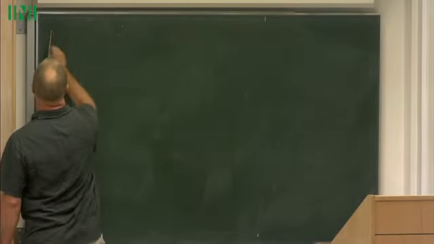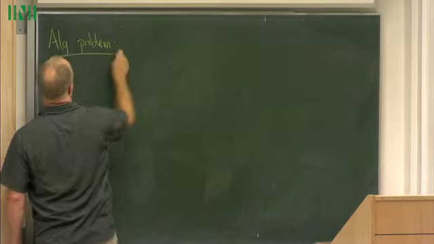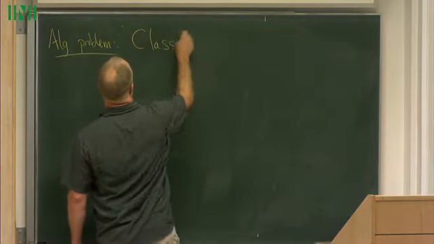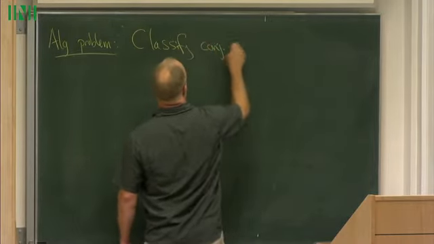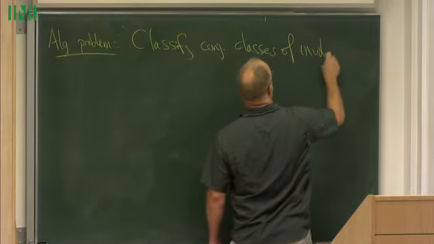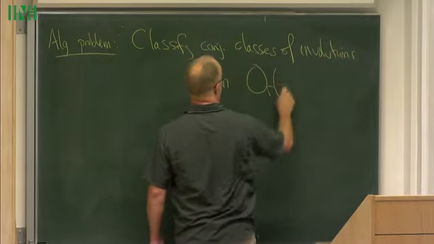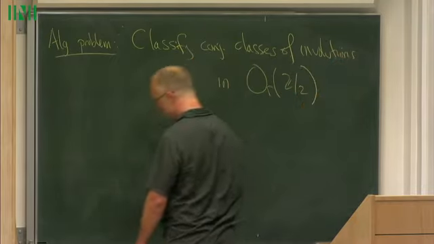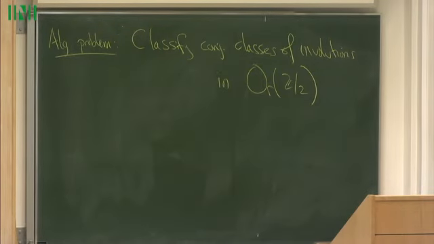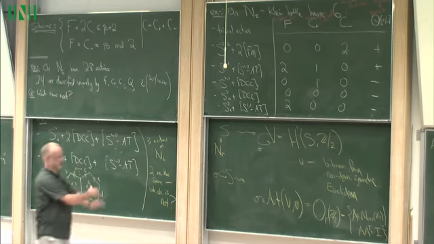So the algebraic problem is to classify conjugacy classes of involutions in the orthogonal group. And when I got to this point in this story, I thought, look, this is completely classical. Clearly, this has been solved somewhere.